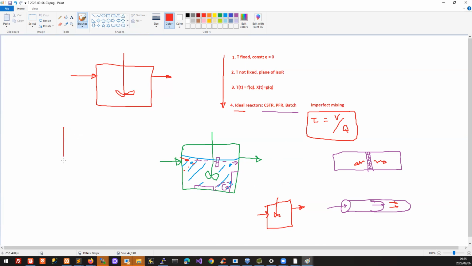In other words, if we think about an age distribution, let's let theta be the age. Then we have to acknowledge that in any reactor, a certain age distribution applies.